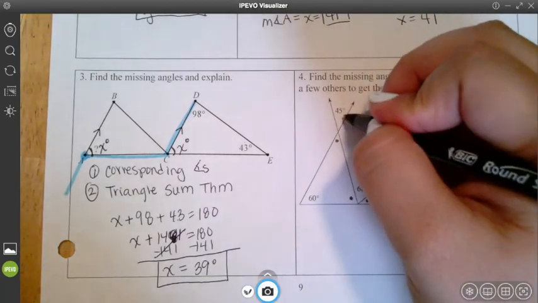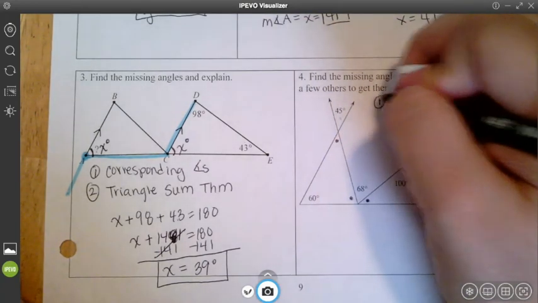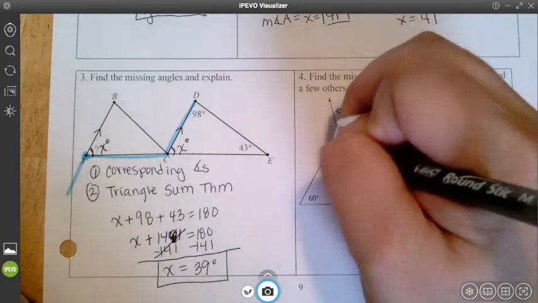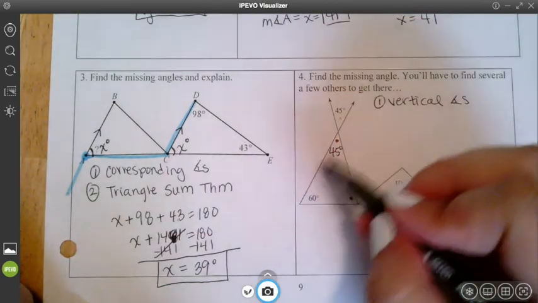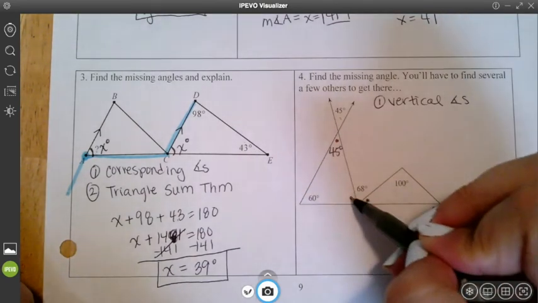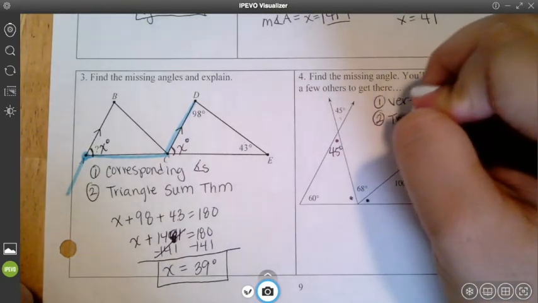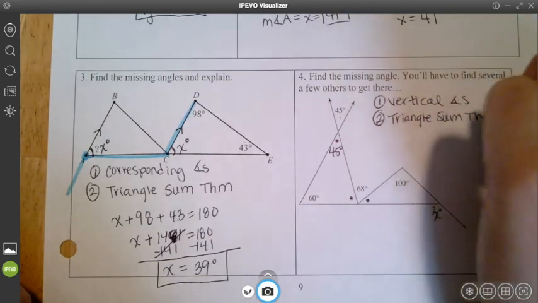So let's start with, hey, I have vertical angles here. Vertical angles are congruent. So start with vertical angles. There's 45 degrees. Okay, so if I have 2 angles in a triangle, I can always find the third. And I can do that by using the triangle sum theorem.